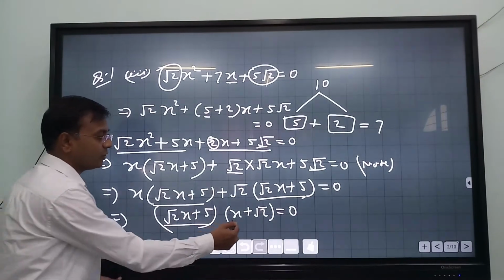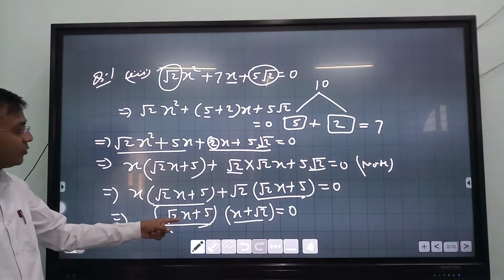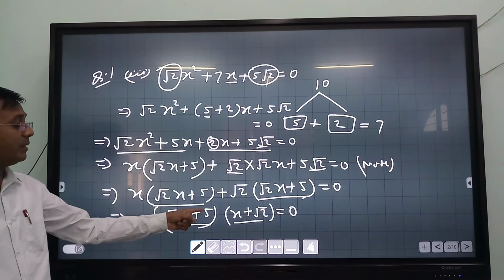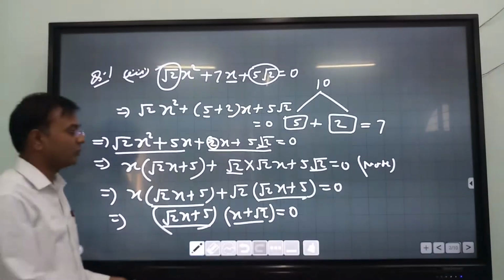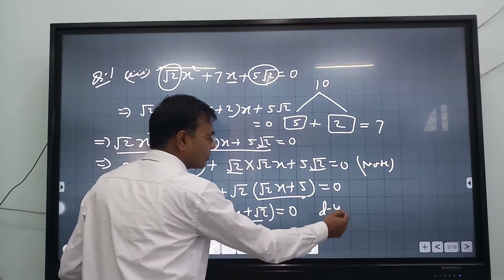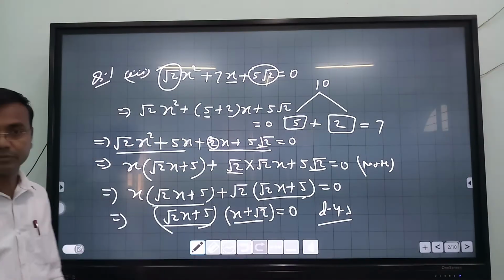Put this equal to 0 and this value equal to 0. If you put this value equal to 0, you will get minus 5 by root 2, and the second value minus root 2. These are the roots. Do this step yourself in the question.